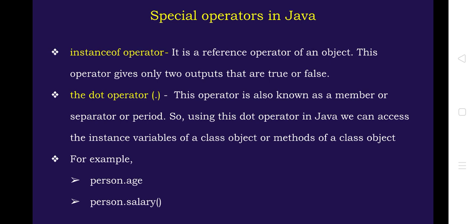So we can access the variables or methods of the object using the dot operator.